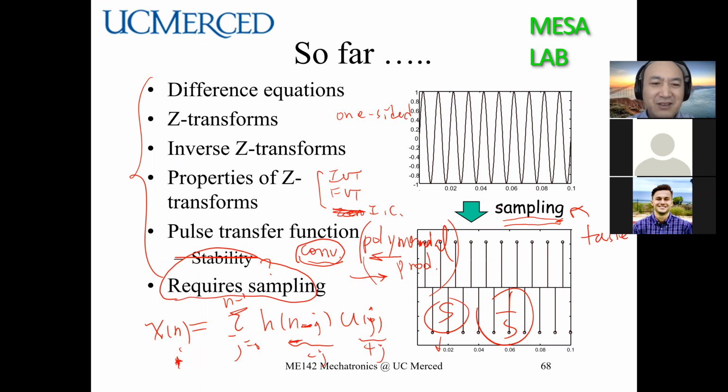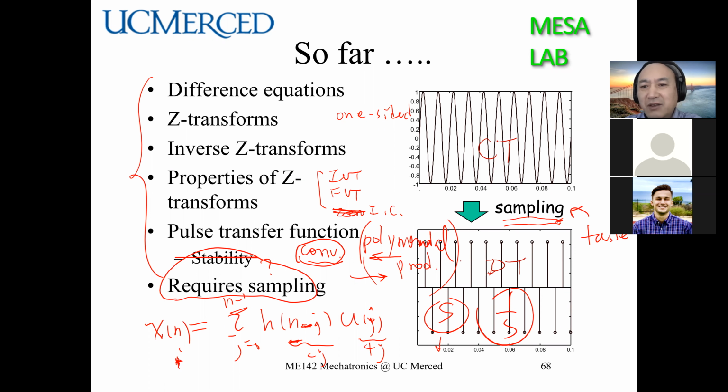All these things are based on the assumption that you have a continuous signal, then you need to sample it. So like here, this is a continuous time signal. This is a discrete time sequence.